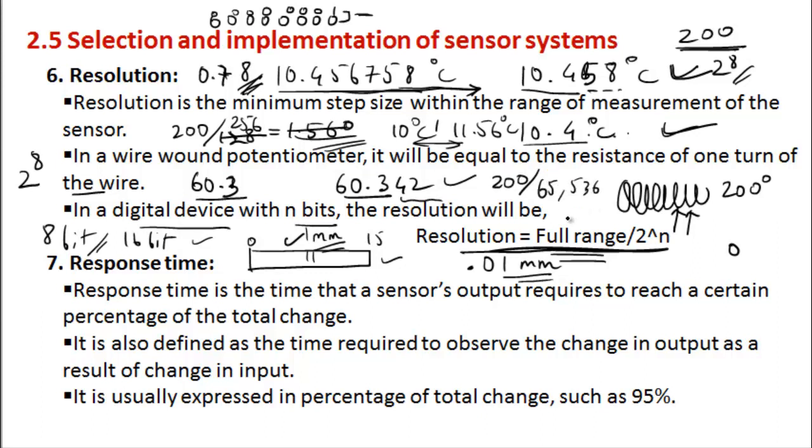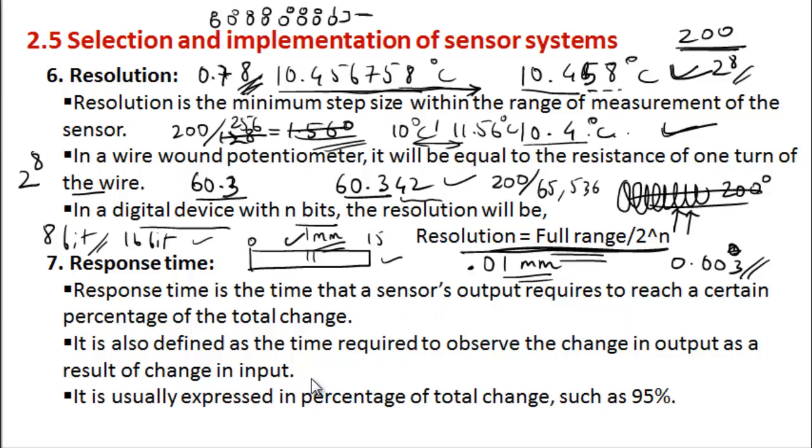In that case, you can see that the resolution is very, very high. It will come as 0.003, which means it can measure a value as small as 0.003. So that is how the resolution in a digital device changes with respect to the number of bits.